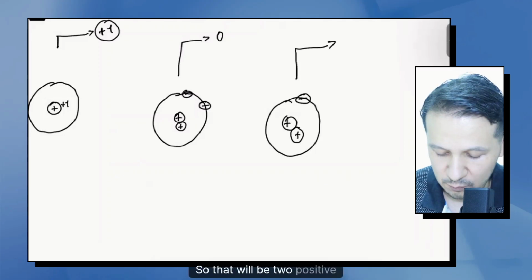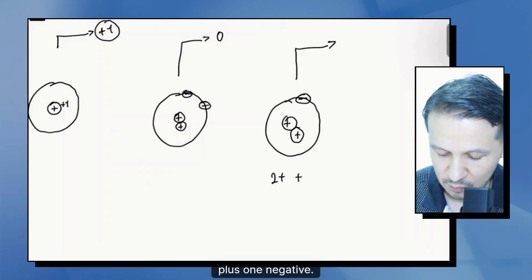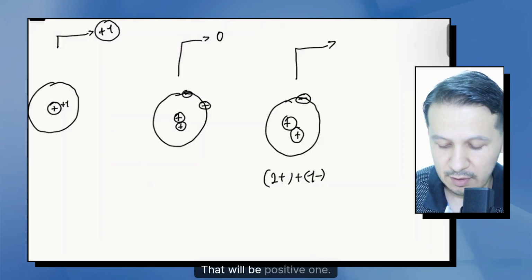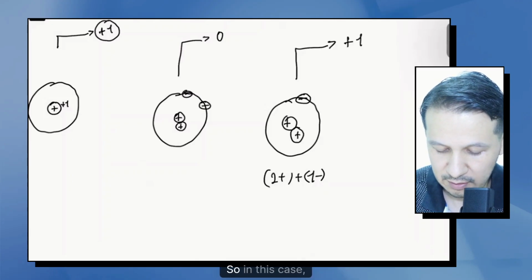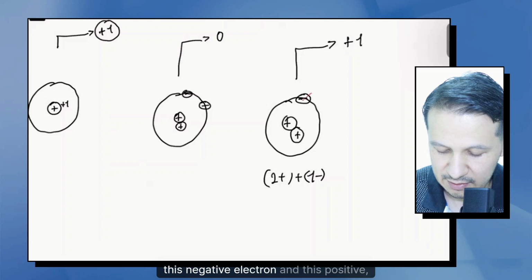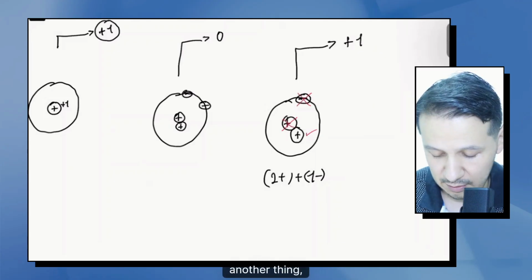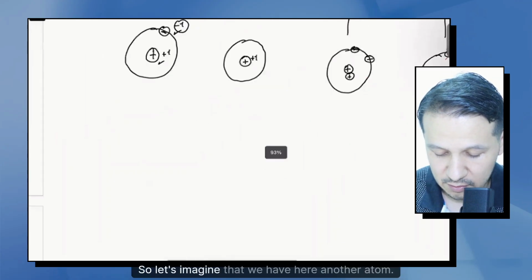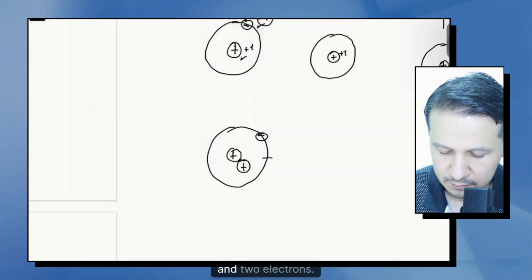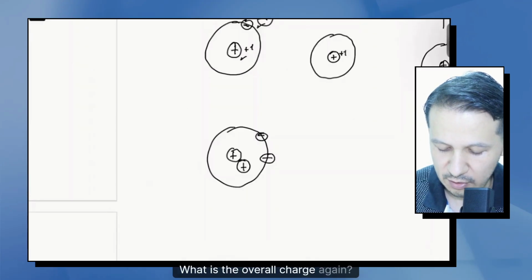That will be two positive plus one negative. What will be the charge here? That will be positive 1, you see? So in this case, this negative electron and this positive cancel out, but at the end we have this positive charge. This is another thing, right? So let's imagine that we have another atom and two electrons. What is the overall charge again?